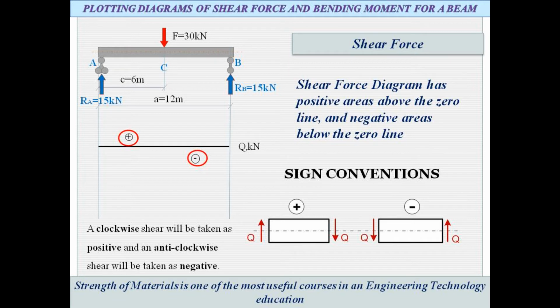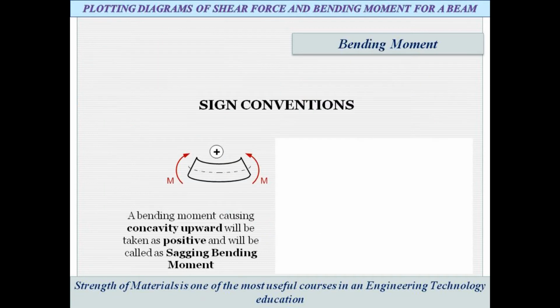Shear force diagram has positive areas above the zero line and negative areas below the zero line. The sign convention for the bending moment is: a bending moment causing concavity upward will be taken as positive and will be called a sagging bending moment.